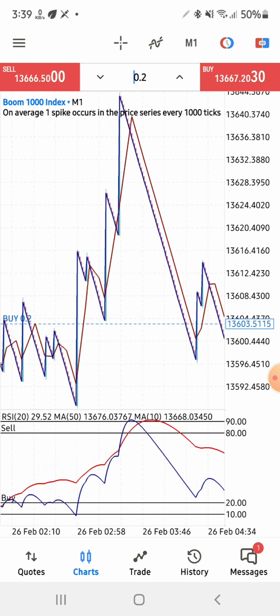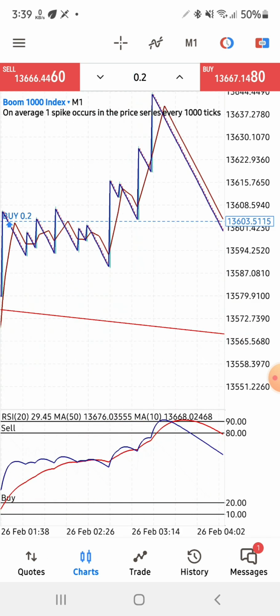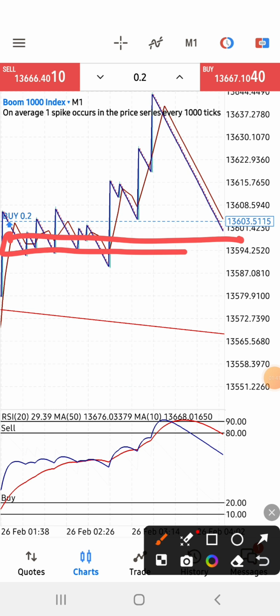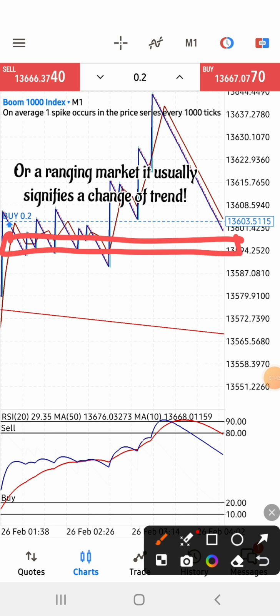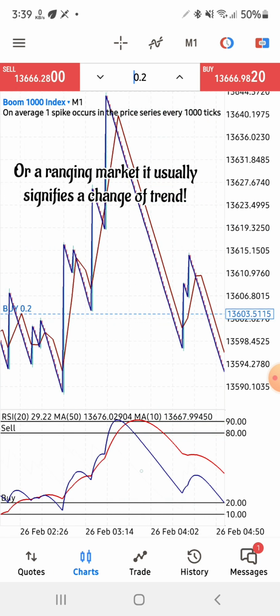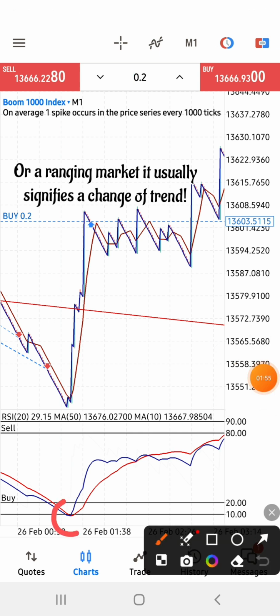As you can see, that is exactly where I took my buy, and I took it because I saw multiple touches which would justify the line strategy. Once you see that the market is at the 10 or 20 level and the moving averages are crossing at that level, you need to check if there are multiple touches and if the line strategy is also on point before you take a buy.